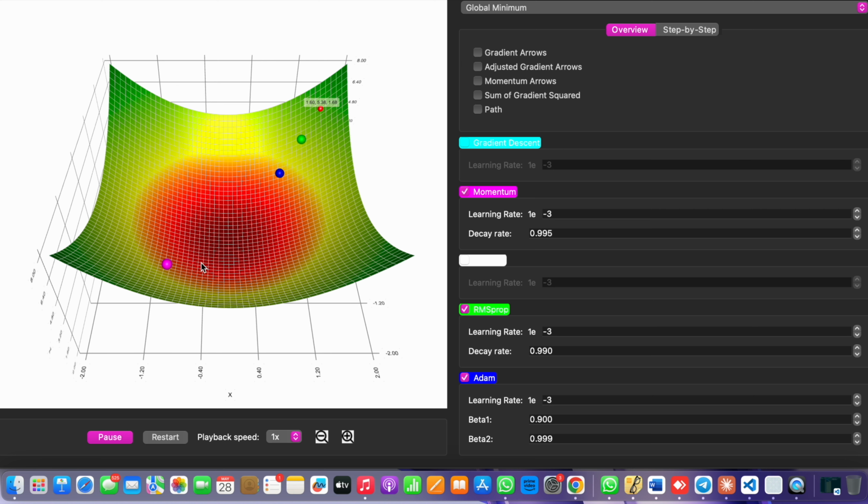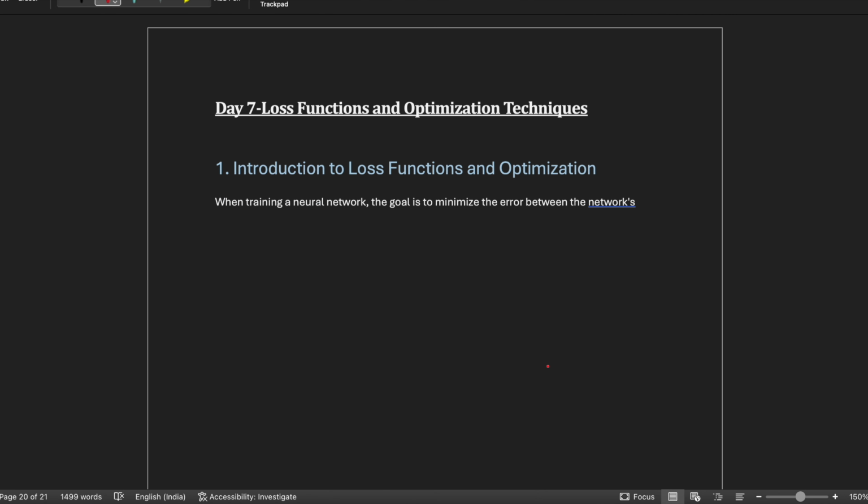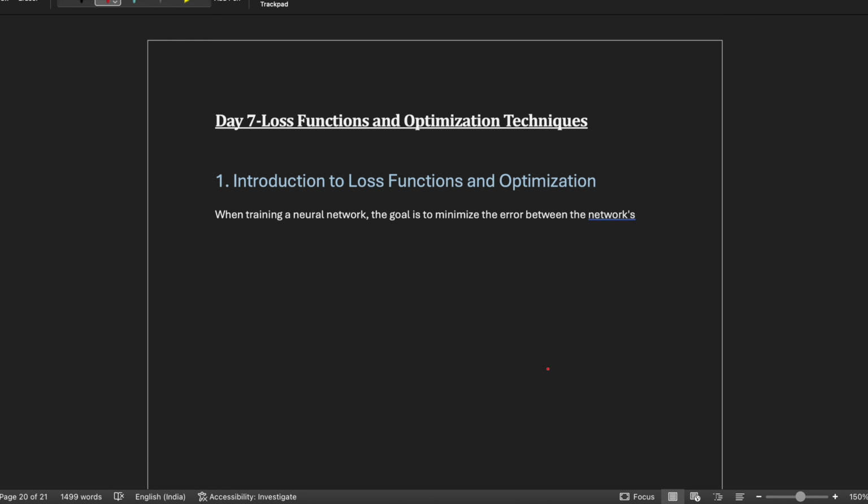See, Adam is coming slower, but it is coming, and then it will converge. So it depends on the settings; if you try to change the different factors which are affecting Adam and the other methods, we will get different values.